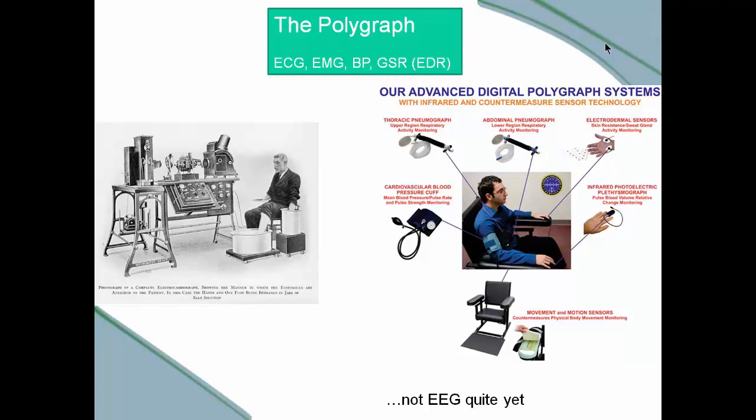And many, though not all, will evince changes in their autonomic nervous system, which then affect parts of your body that we can, in fact, measure non-intrusively. So we now go to a more advanced digital polygraph system, where all of these different measures can be measured and looked at. But we will get into studying that EEG and how these work as well.